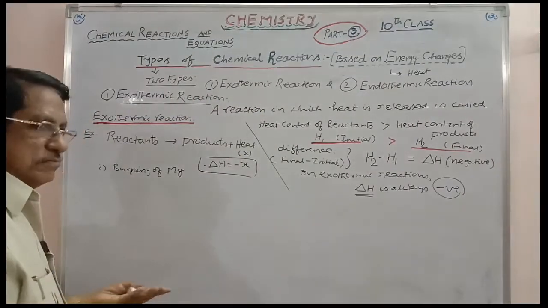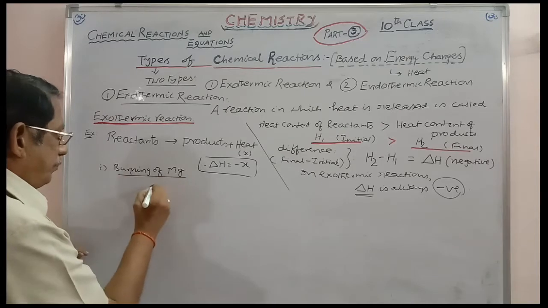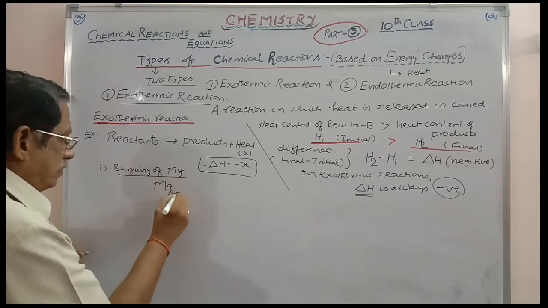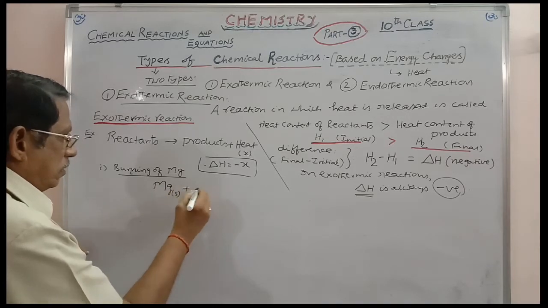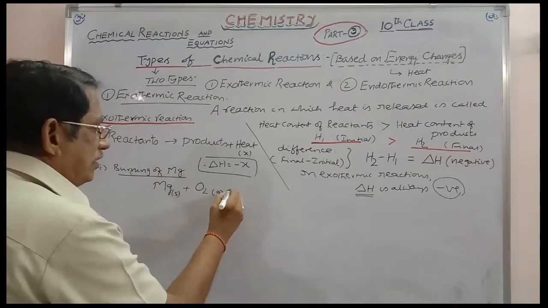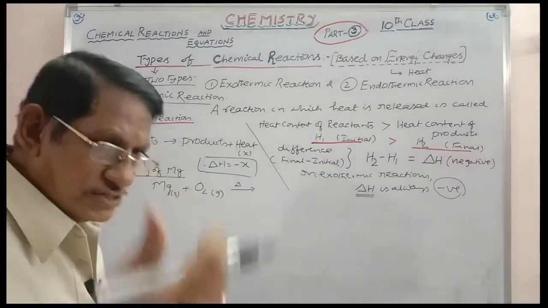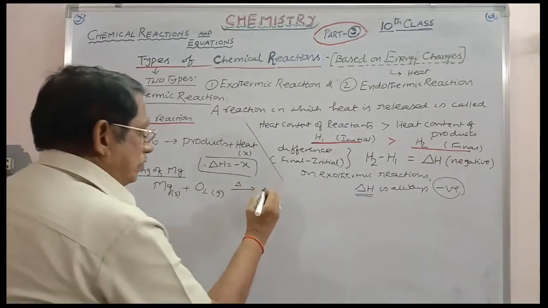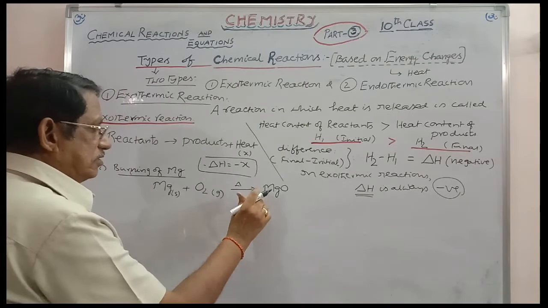Burning of magnesium means combustion. When magnesium is burned in air, magnesium solid, in air oxygen is present, which is gas. Heated, magnesium burns with white dazzling light, giving you magnesium oxide, it is solid.